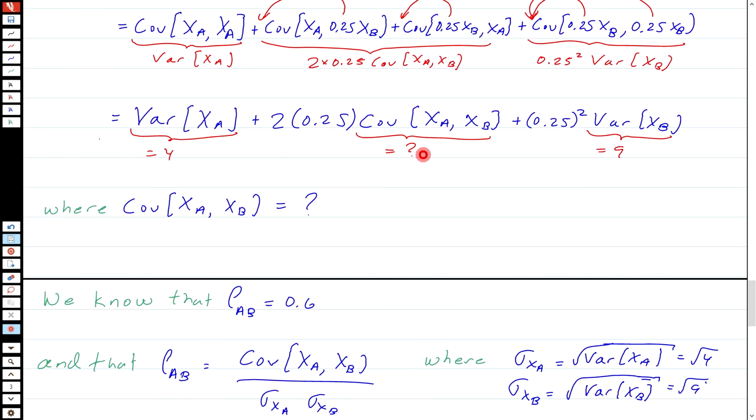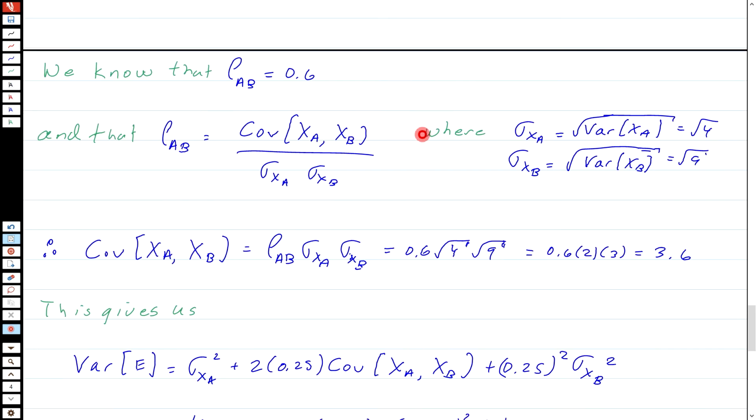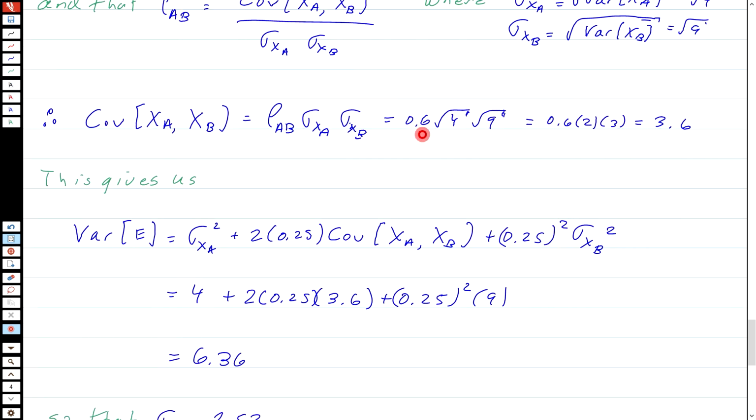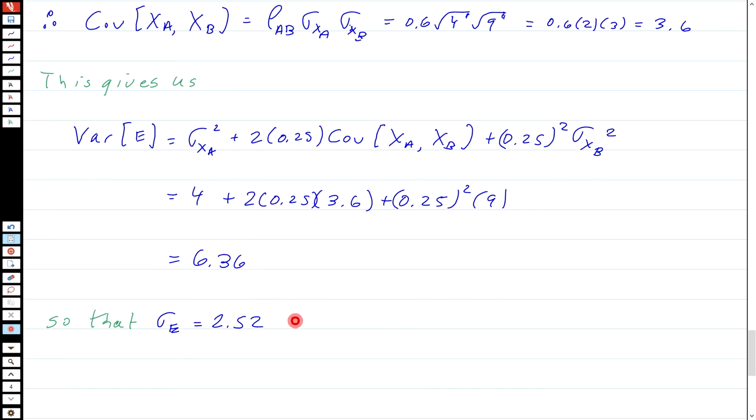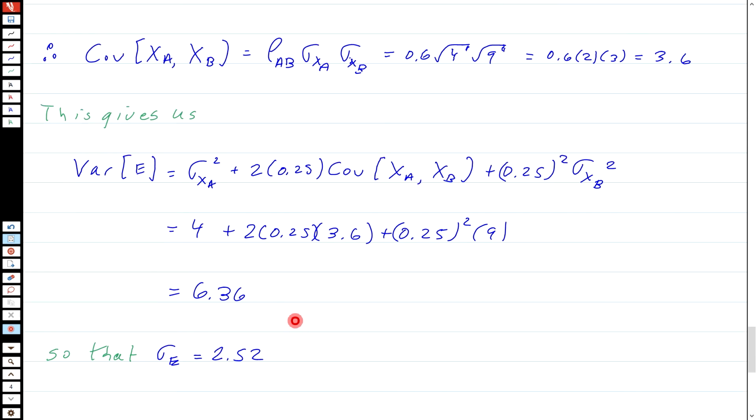And now I can plug that back into this equation up here, and I finally get the variance of E is sigma XA squared plus 2 times 0.25 covariance between XA and XB plus 0.25 squared sigma XB squared. Plugging in the numbers, I get 6.36, so that my standard deviation of the energy absorbed is 2.52.